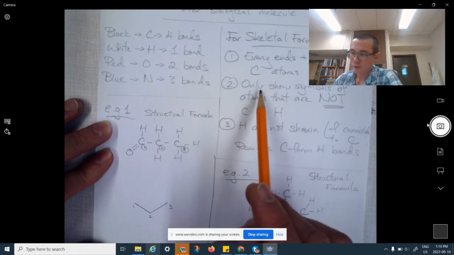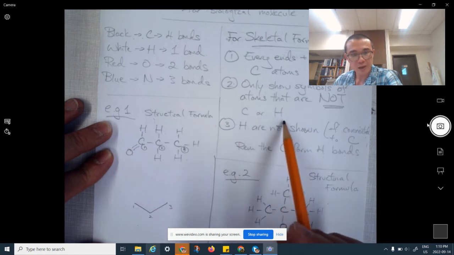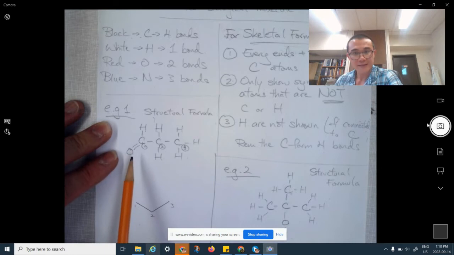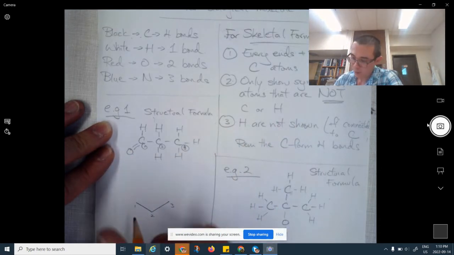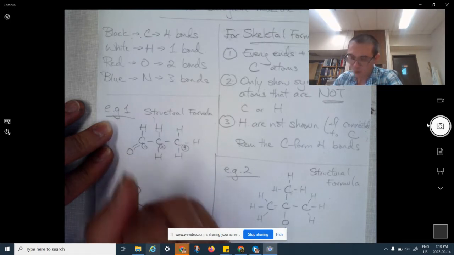Rule number 2, you only draw symbols of atoms that are not carbon or hydrogen. So the only atom that doesn't fit is the oxygen here. It's connected to carbon number 1, so on carbon number 1, I'm going to draw a double bond to an O.